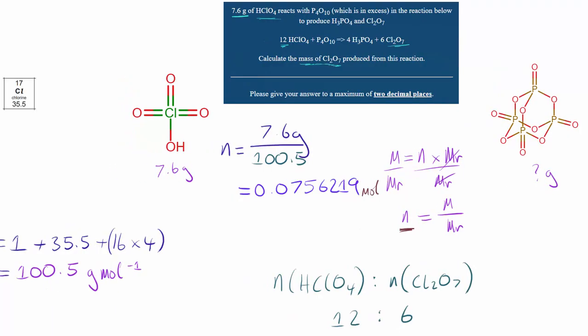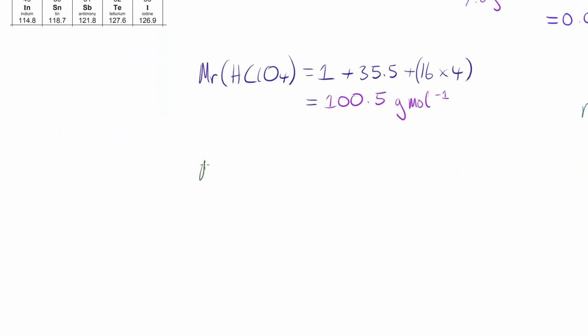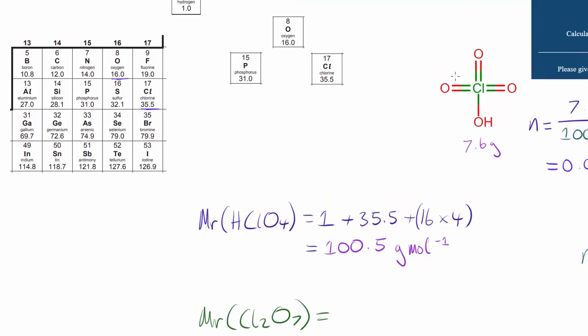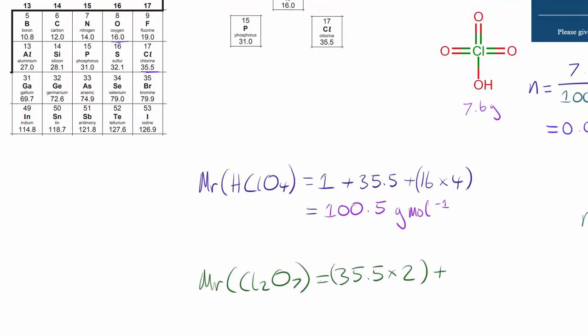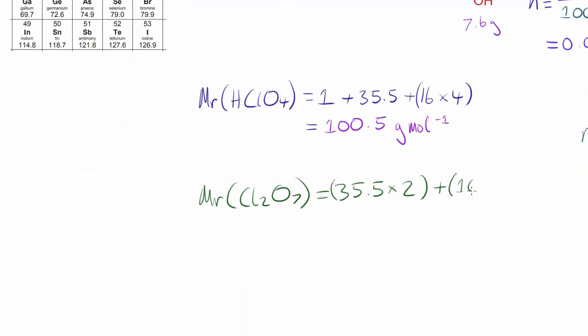So the Mr of Cl₂O₇ is going to be equal to, as we established, the relative atomic mass for the chlorine is 35.5, multiplied by the coefficient 2, plus for oxygen the relative atomic mass is 16, multiplied by 7, right?